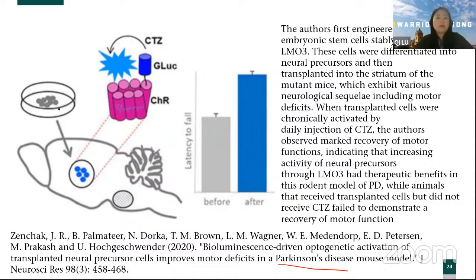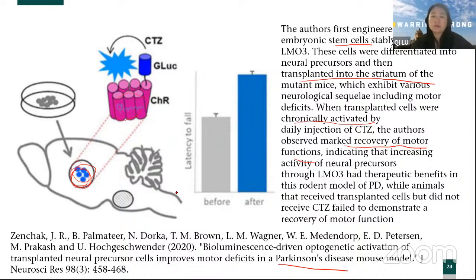First, they transfected some pre-differentiated stem cells with this system, and after they started to differentiate into progenitors, injected them into some brain regions. After transplant into the striatum of mutant mice, it will chronically activate and show a recovery of the motor functions.